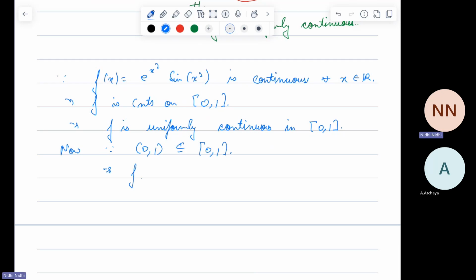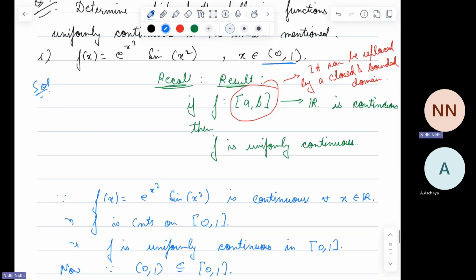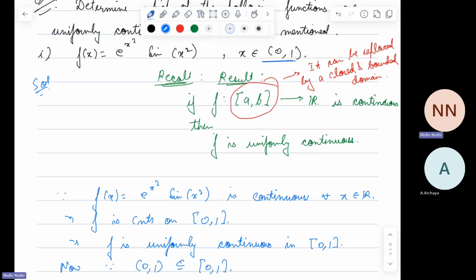This implies f is uniformly continuous in the open interval 0 to 1. That's the main idea of this question. We use the continuity of the function on the closed interval 0 to 1.